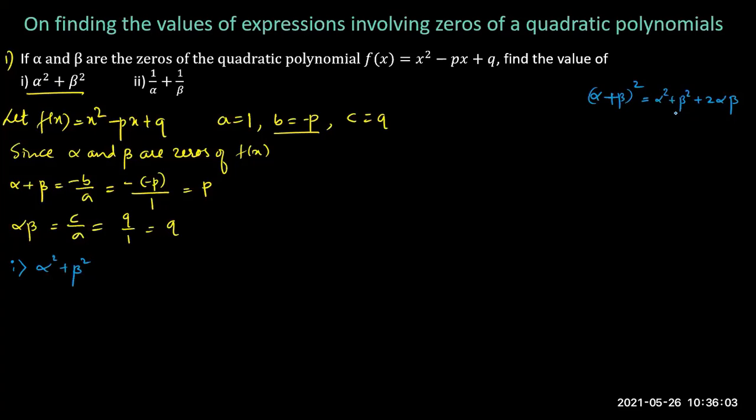Now alpha square plus beta square is alpha plus beta whole square minus 2 alpha beta, bringing 2 alpha beta over makes it minus. Is it correct? Yes, sir.